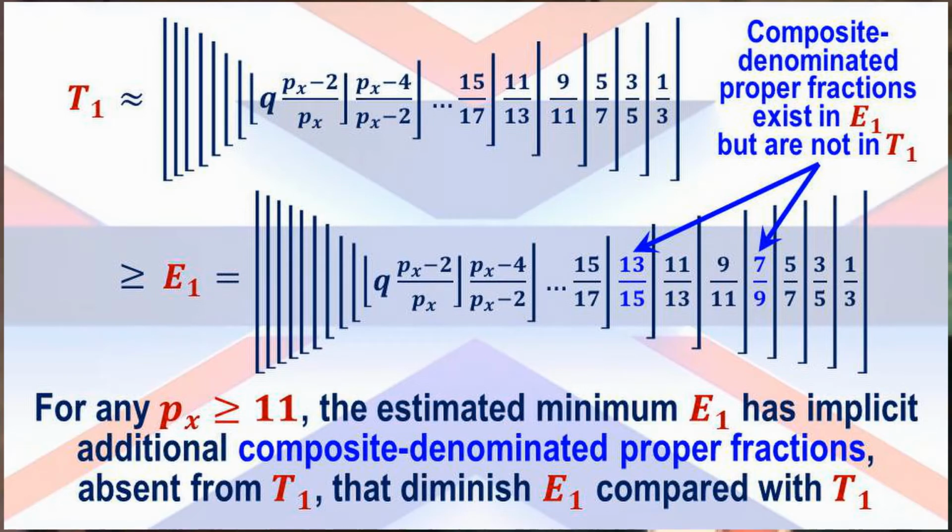And that's why E1 cannot be more than T1. So for any Px greater than or equal to 11, these composite denominated proper fractions begin to come into play. And so the estimated minimum E1, having these particular additional proper fractions in it, which are absent from T1, is diminished compared with T1.